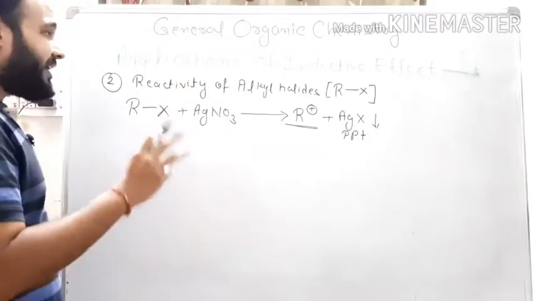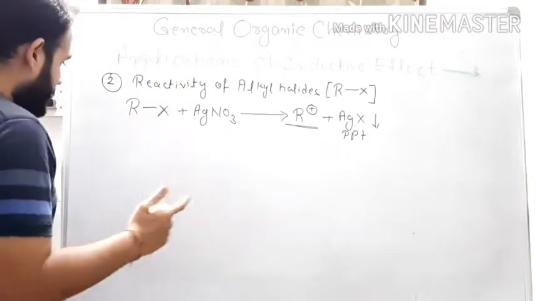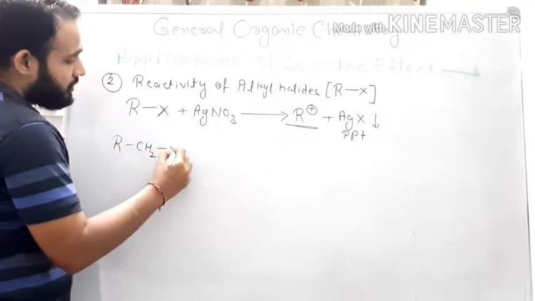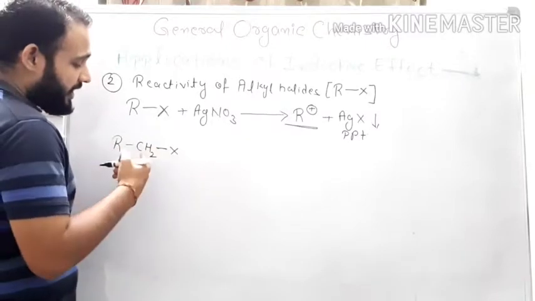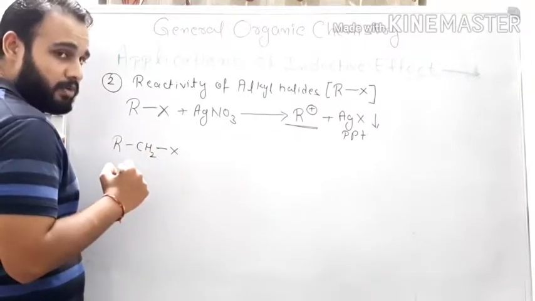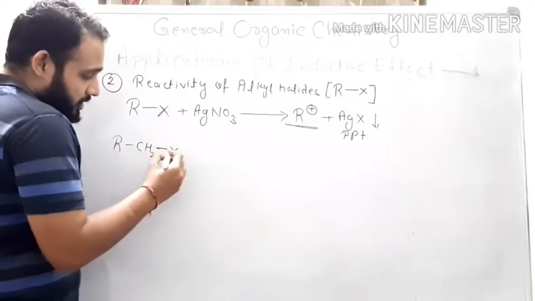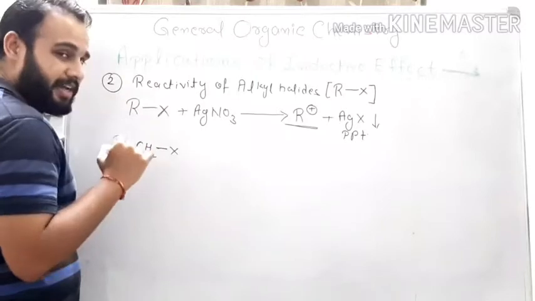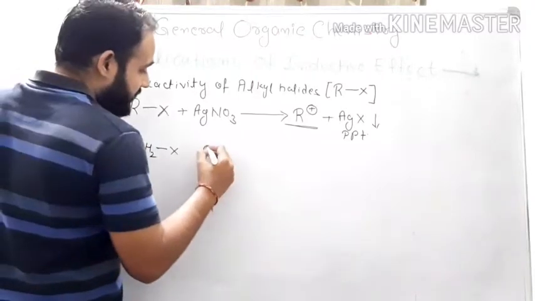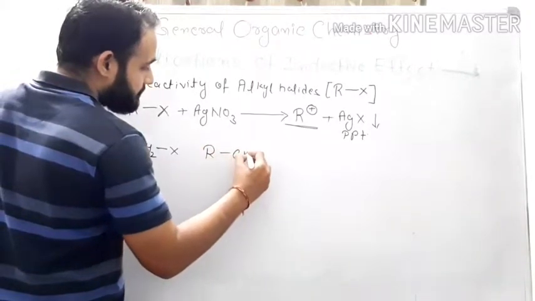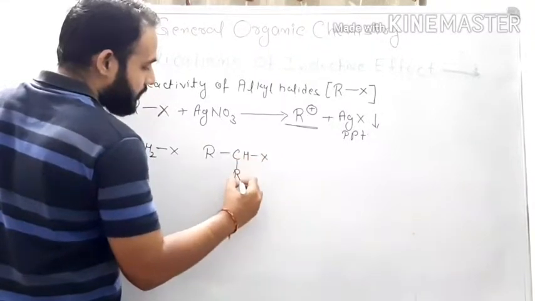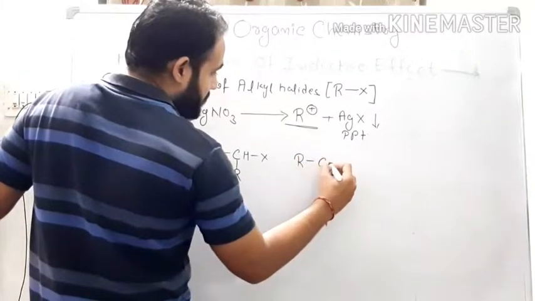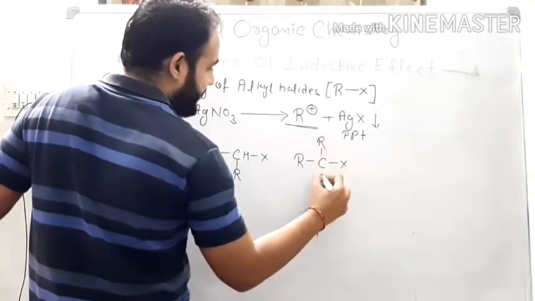Now friends, we have three types of alkyl halides. First we have a primary alkyl halide, in which the halogen binds with a carbon, and this carbon binds with one alkyl group. Then we have a secondary alkyl halide, then we have a tertiary alkyl halide.